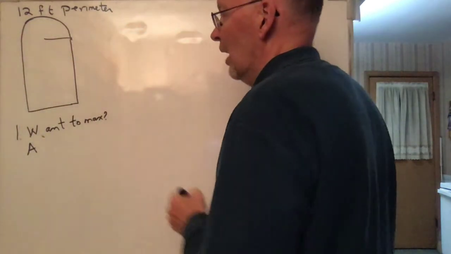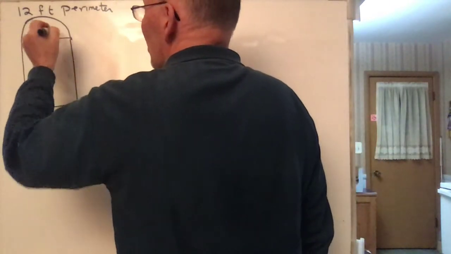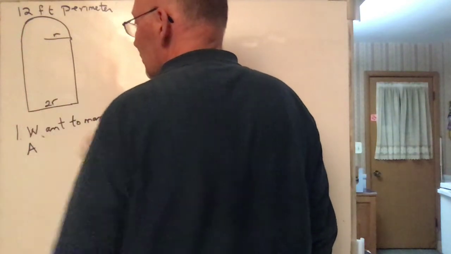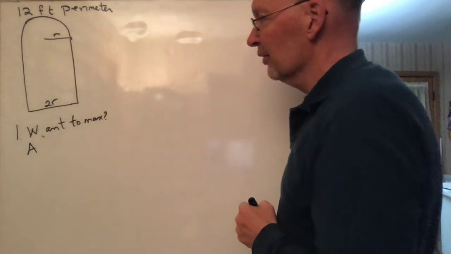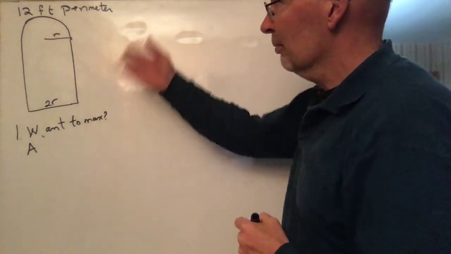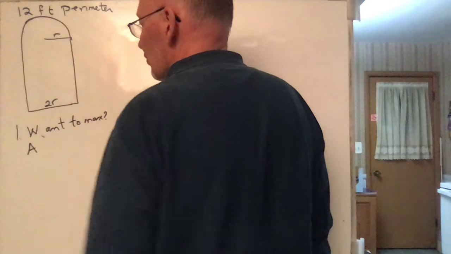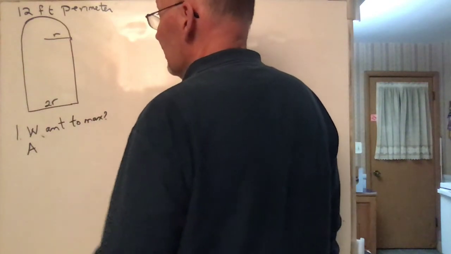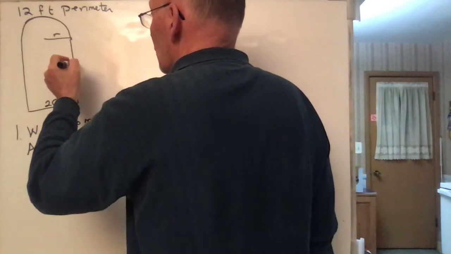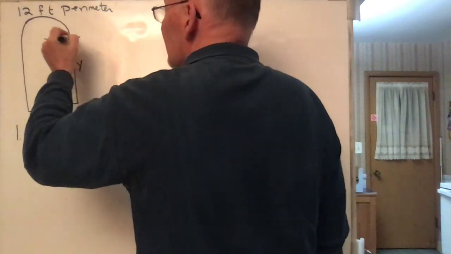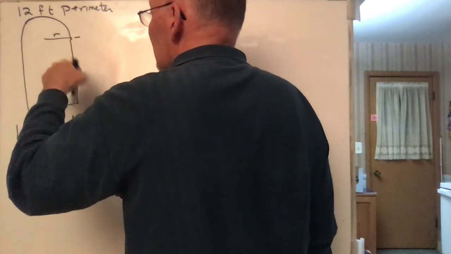That would work. I prefer letting this be the radius r, and then this would be 2r. I prefer not having fractions if I can do without them. So we'll let this be r, this is 2r, and let's let this be just y, or h maybe for height, for whatever this height is right there.